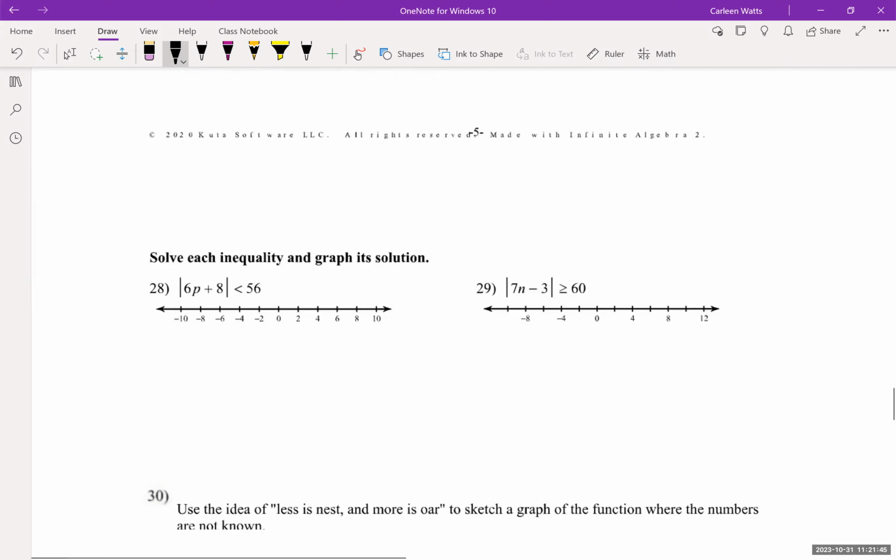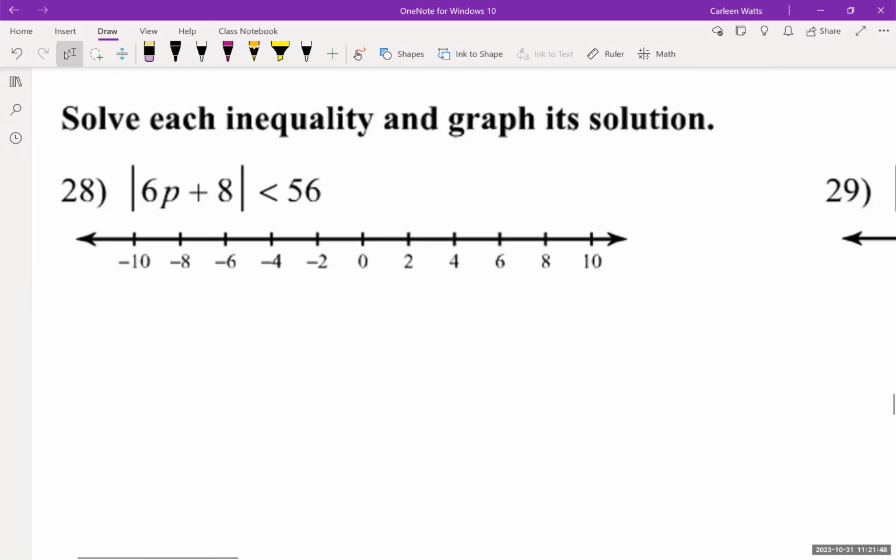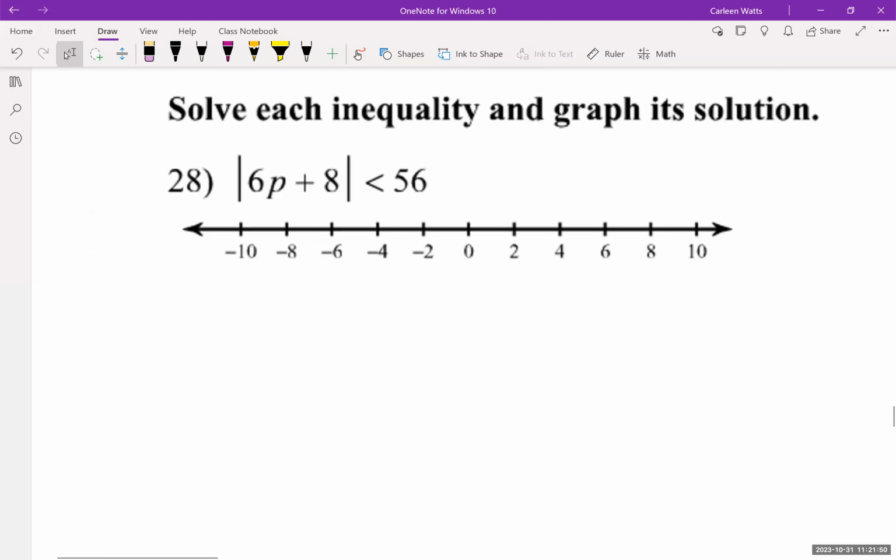Okay, so let's solve this graph. Parent. Can we predict? Now, I'm just going to tell you, if there was a coefficient here, you would isolate the absolute value. We're not going to worry about that right now.